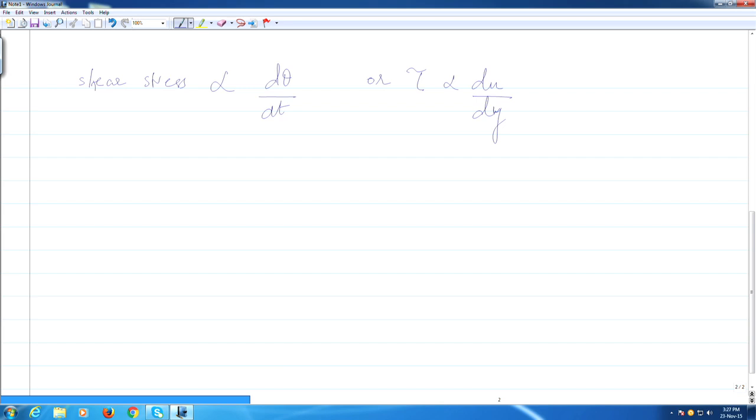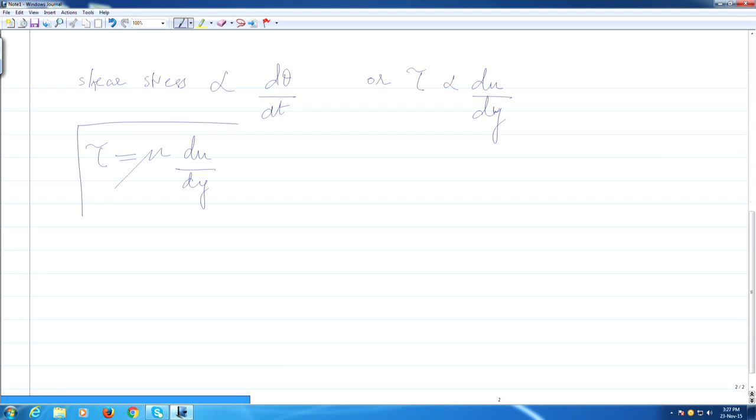I think you're familiar with this. So we're going to introduce a coefficient of proportionality, and say that tau is equal to nu du dy.